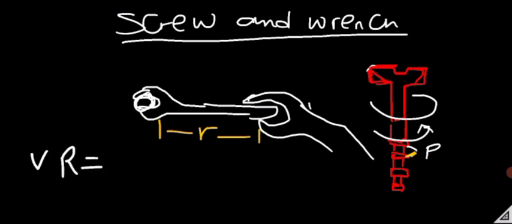distance moved by effort. Now the distance moved by effort is the circumference of the circle this hand is moving through, right? We are moving like this. It is forming a circular path. The knot is forming what? A circular path. It is the circumference of the circle, and the circumference of the circle is what? 2 pi arrow, right?